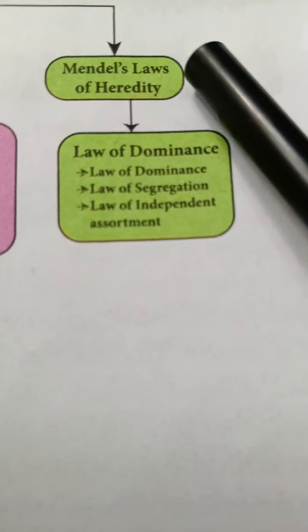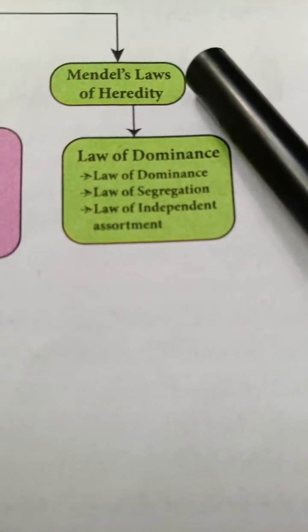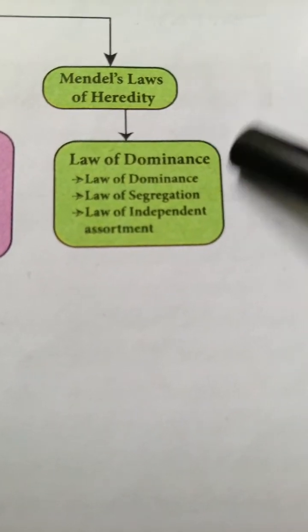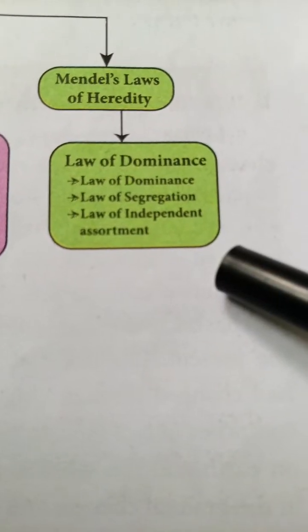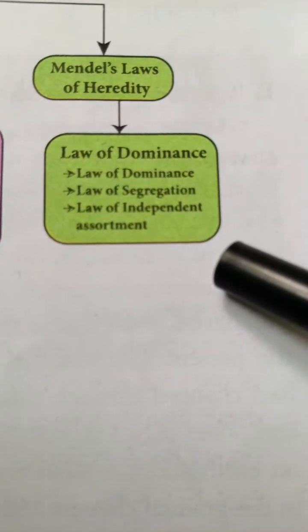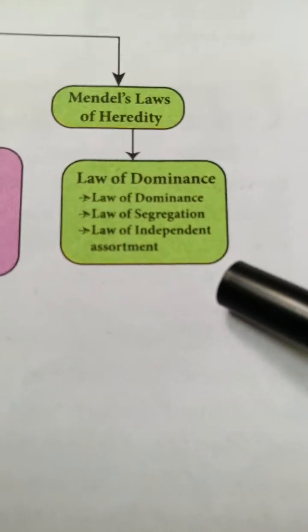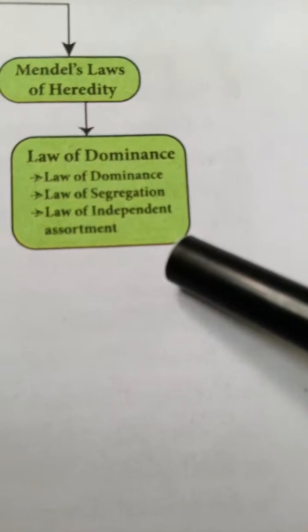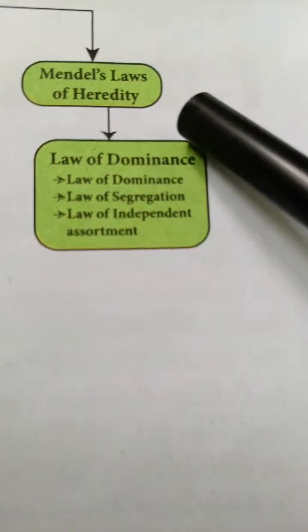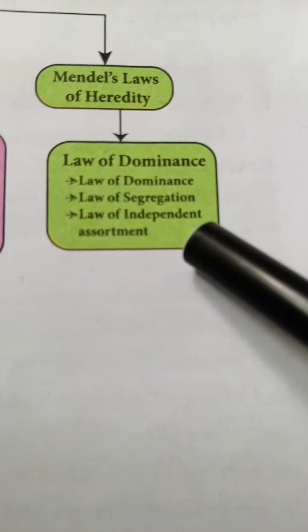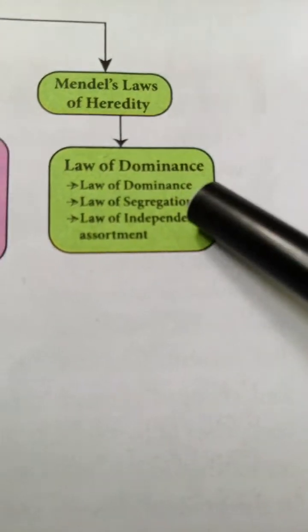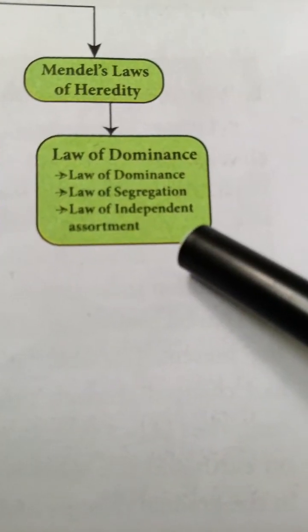And then he came to a conclusion, and he found the results with the discovery of laws, so they are the law of dominance, the law of segregation and the law of independent assortment.